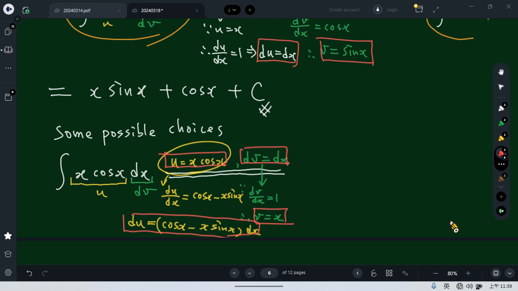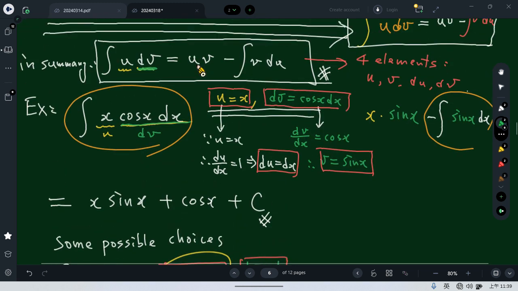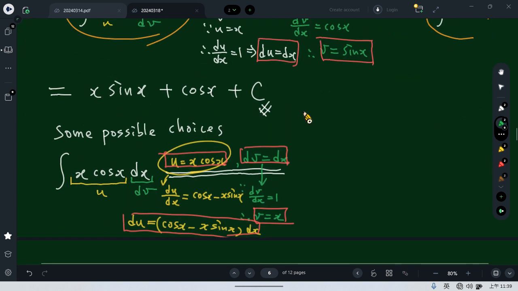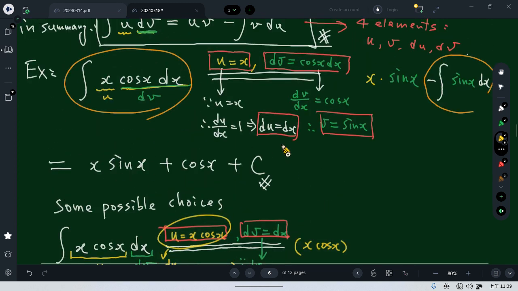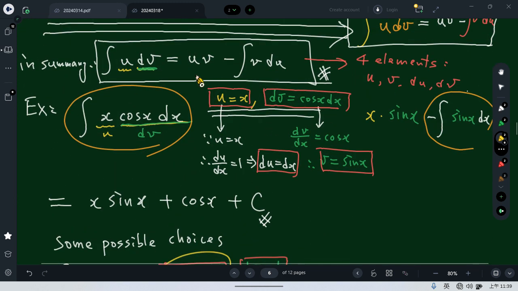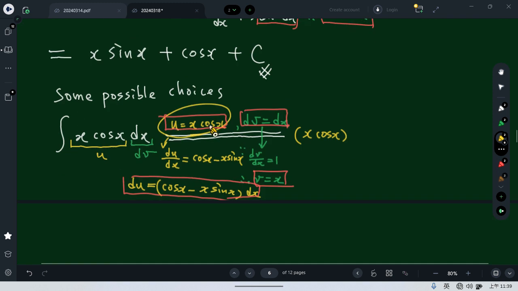Then it will become very complex. For example, okay, I can try to do it. So the result will be u times v. U is x cosine x times v here, right?